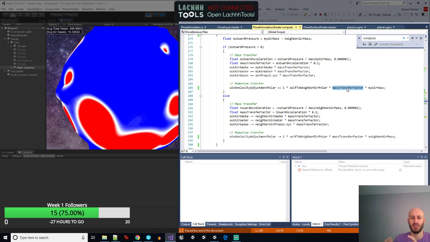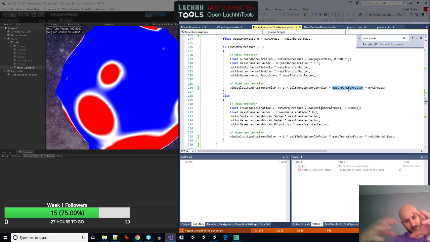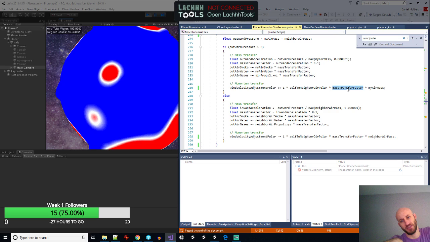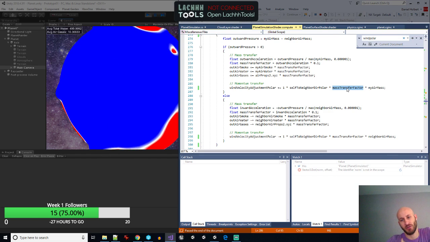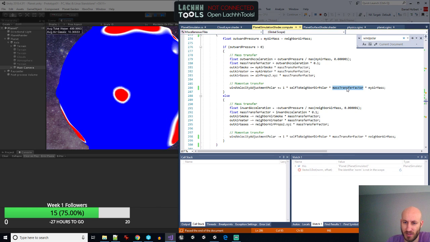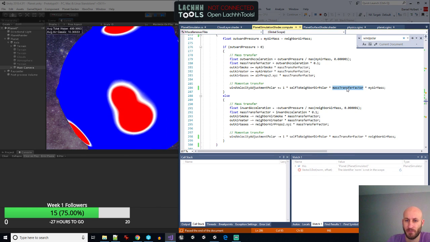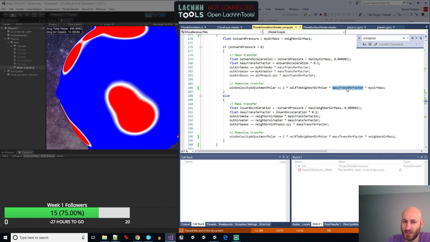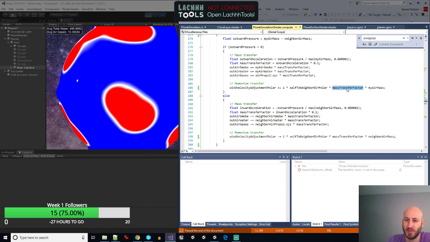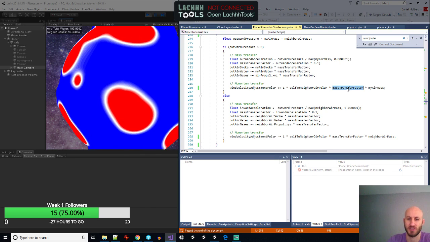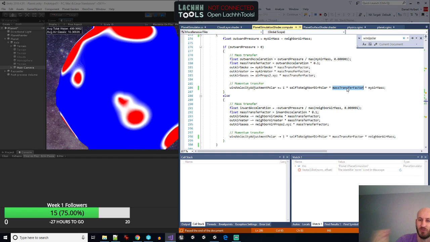Each cell is moving air mass into neighboring cells, and however much mass I'm transferring over is basically how much momentum I'm transferring over. Theoretically, I should consider the air speed of that mass as well, and use that instead of just the direction between.